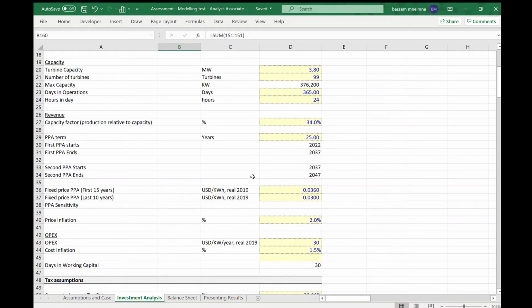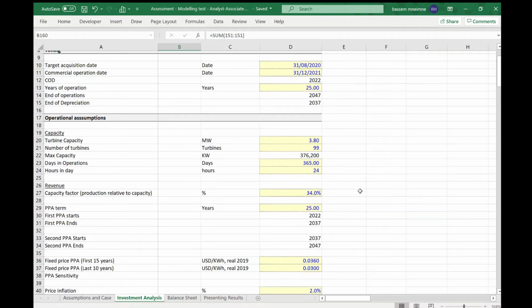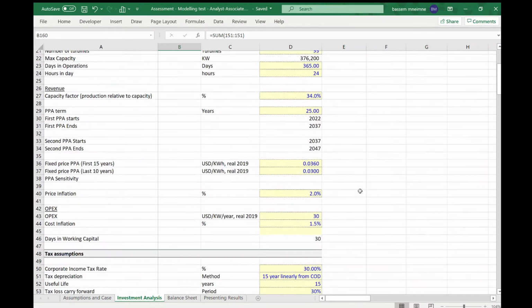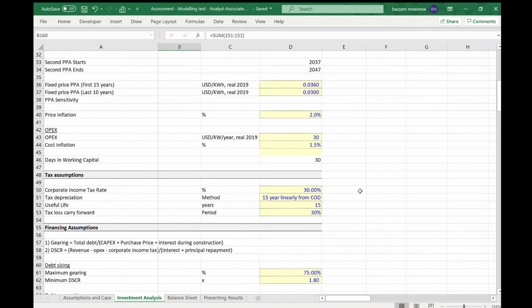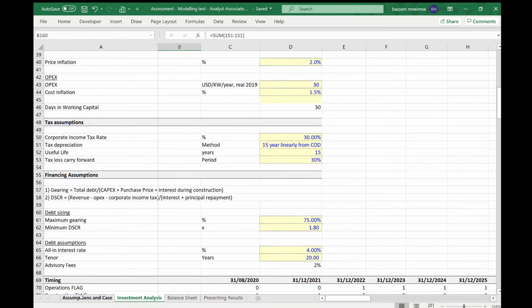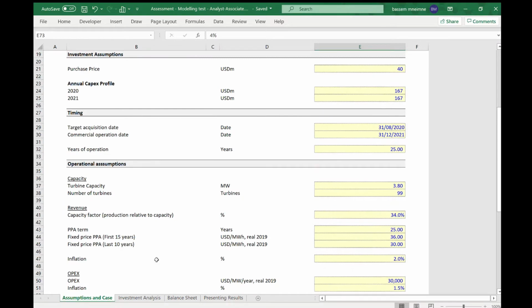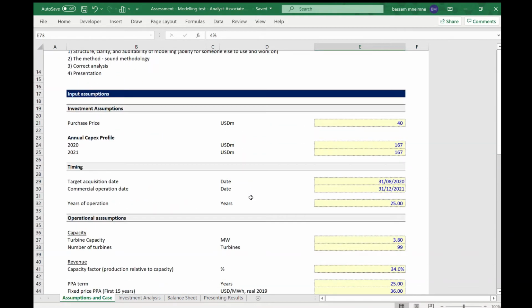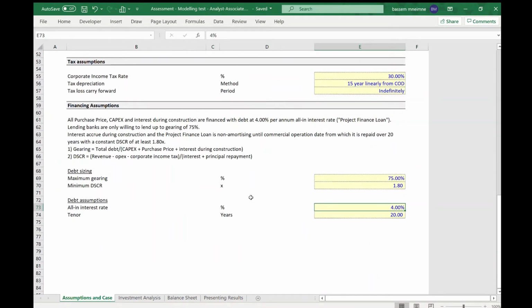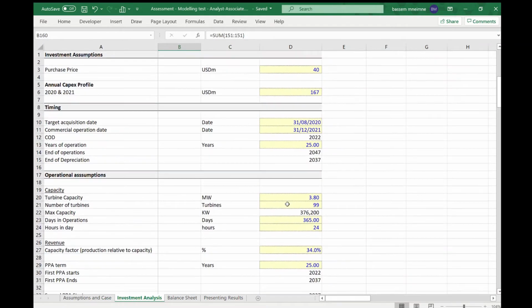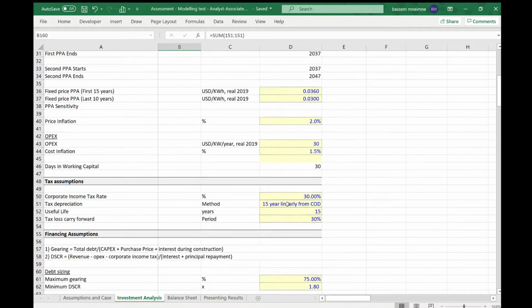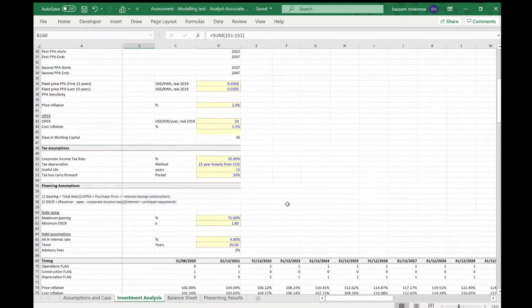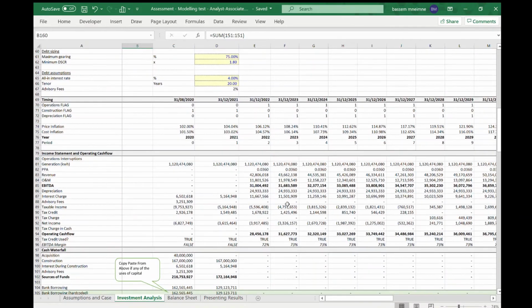On the operating sheet, this is where I include all the inputs from sheet 1. The reason why I put it in sheet 2 is because I wanted to leave the first sheet, where all the instruction manual is, as it is. I didn't want to link it to the model. And under the input information is where I have the operating model.